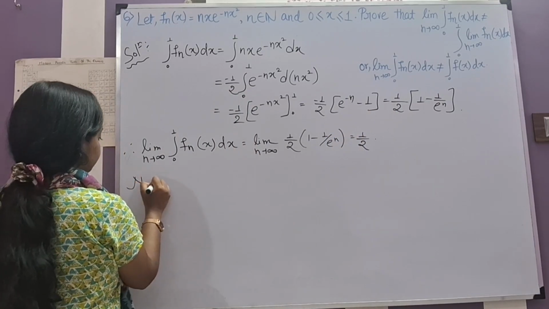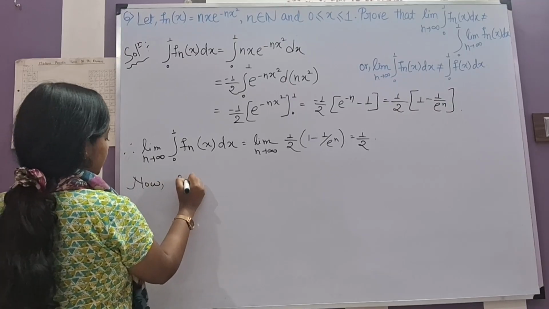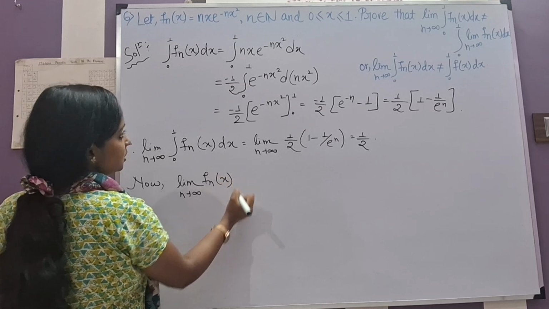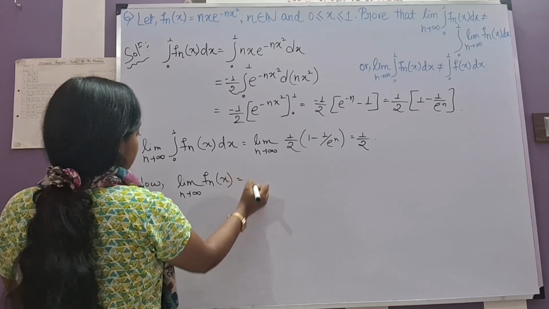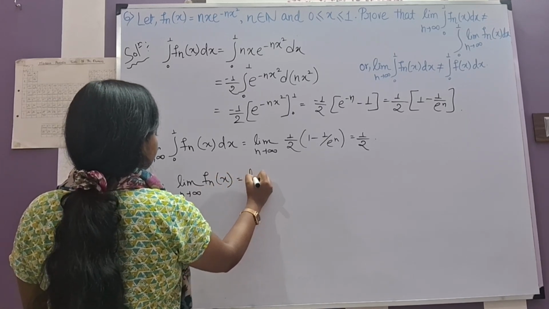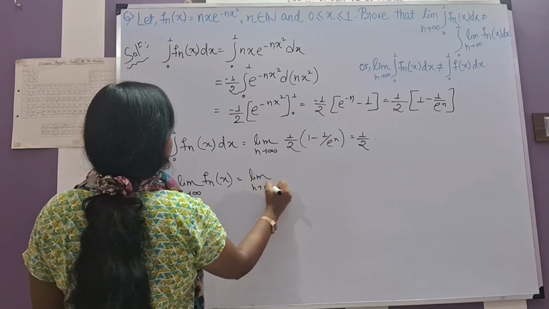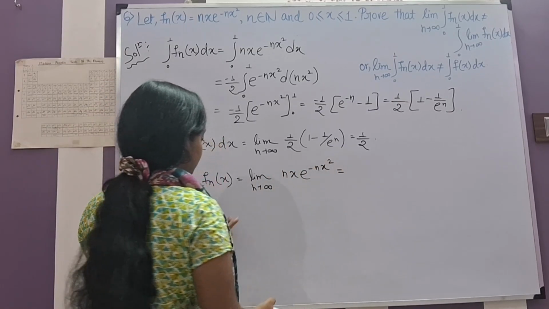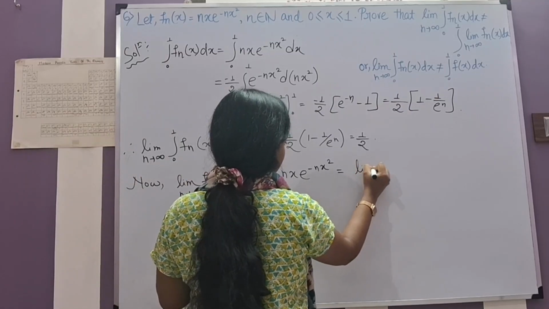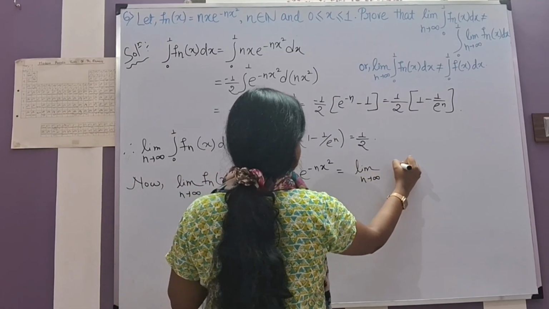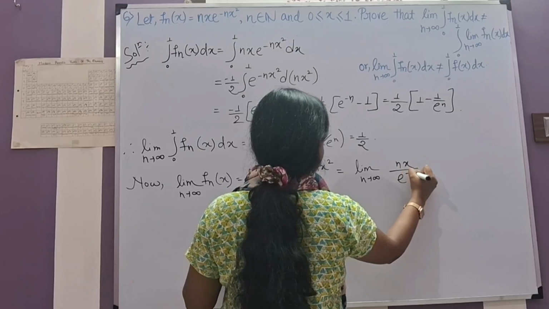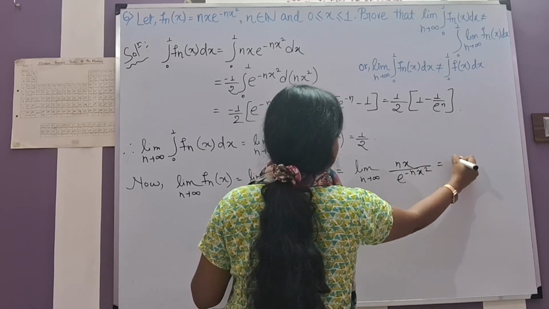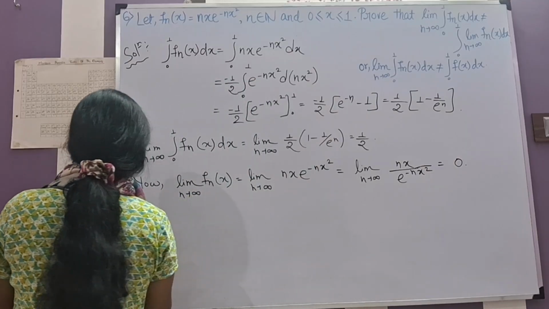Now limit n tending to infinity fn(x) is equal to limit n tending to infinity nx into e to the power minus nx square, equal to limit n tending to infinity nx by e to the power nx square, and this is finally equal to 0.